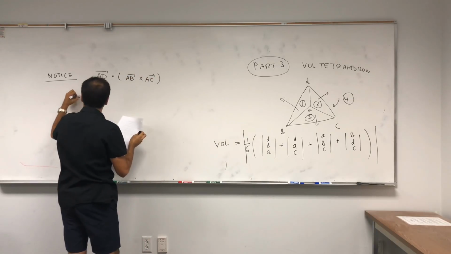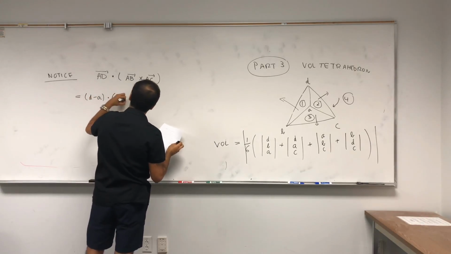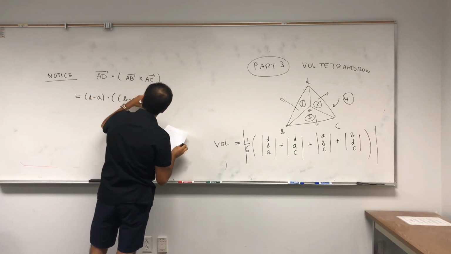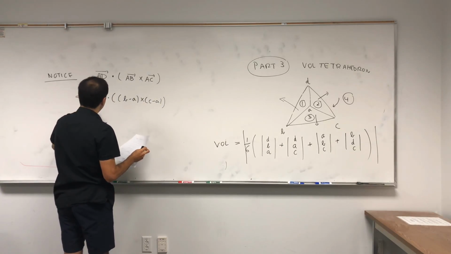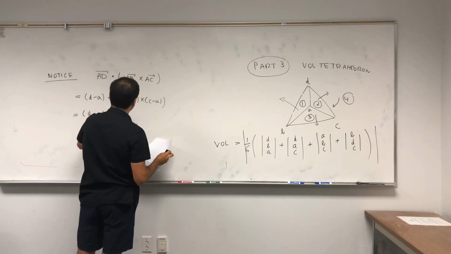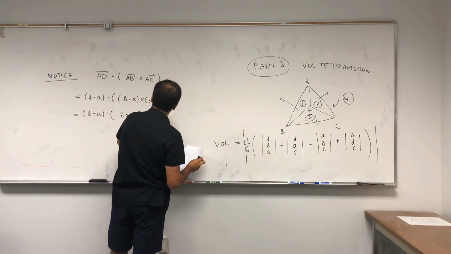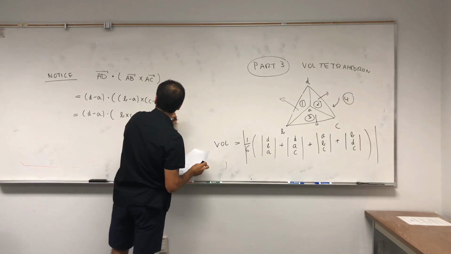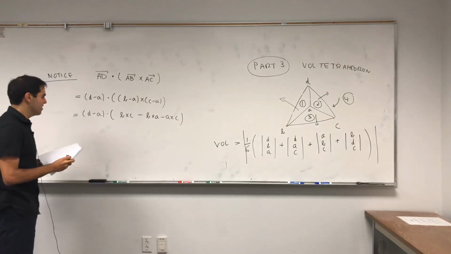What is that? That's in terms of what points? D minus A dotted with B minus A cross C minus A. And that's D minus A dotted with B cross C minus B cross A minus A cross C plus A cross A, but A cross A is just 0.